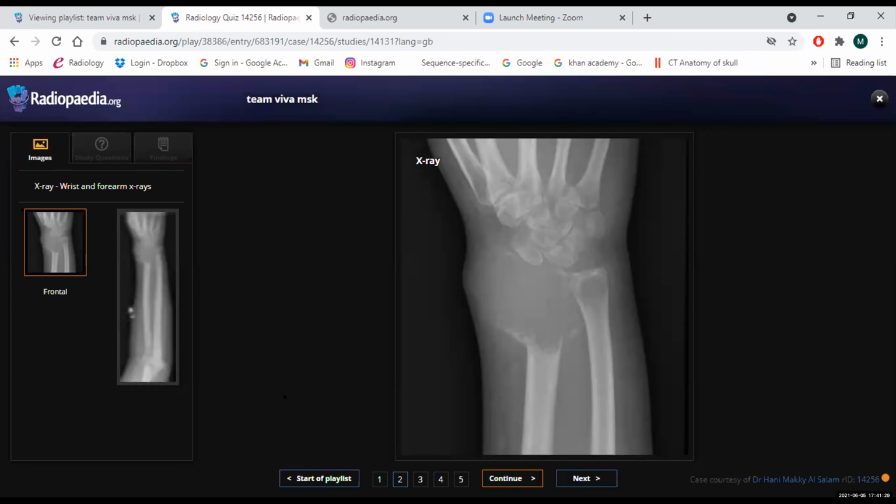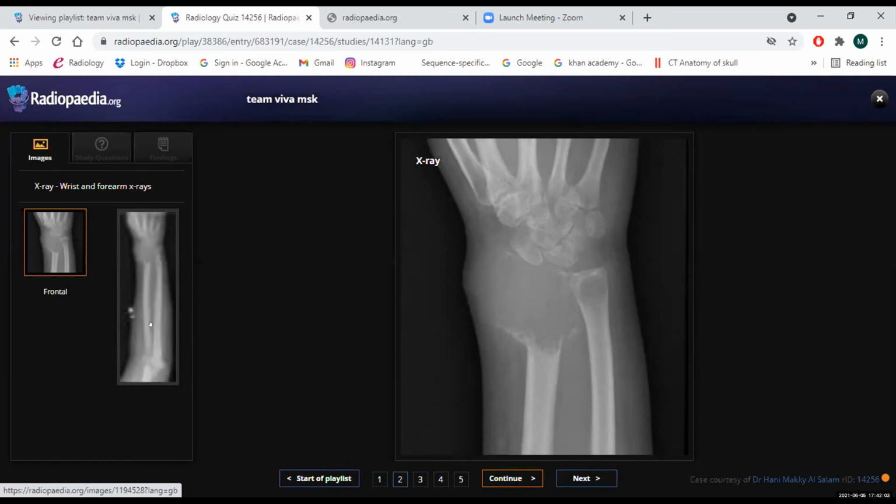This is the frontal radiograph of the wrist of a 30-year-old female who has presented with pain and swelling of the wrist. I can see that the distal end of the radius, including the metaphysis and epiphysis, shows an osteolytic lesion with cortical destruction, and there is extension up to the articular surface. There is a soft tissue component and soft tissue swelling.